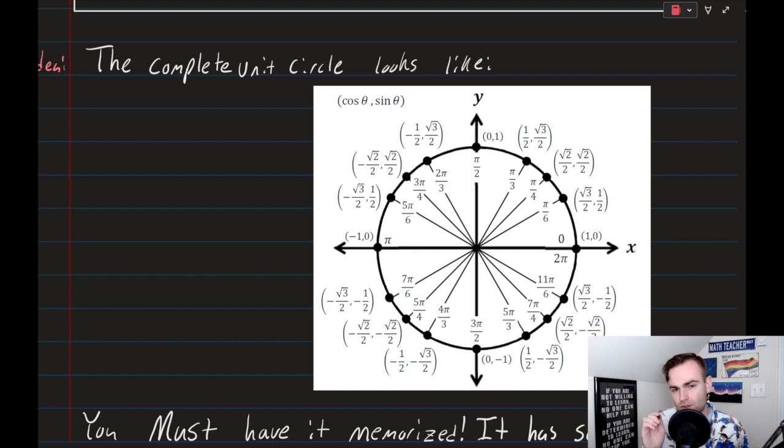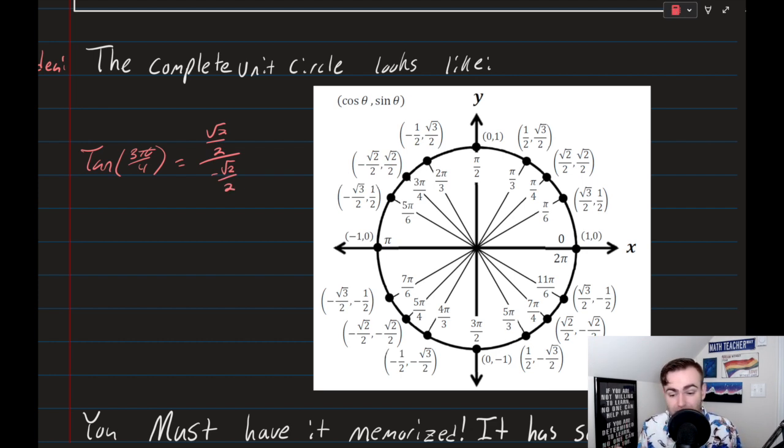Now, here's a trick for you, because with tangent, sometimes you get fractions over fractions. For example, if I want the tangent of 3 pi over 4, and we haven't gotten to tangent, but I really want to make sure that you're okay, that would be equal to root 2 over 2 divided by negative root 2 over 2.